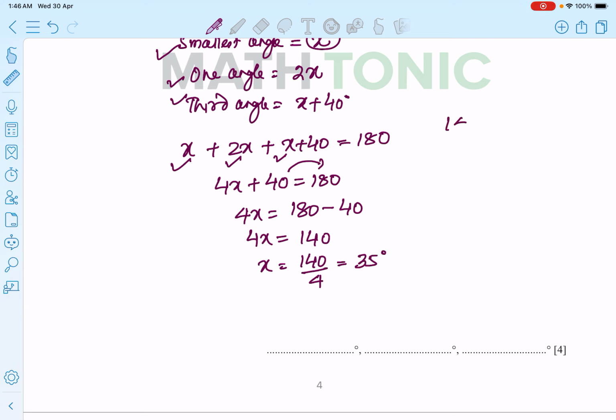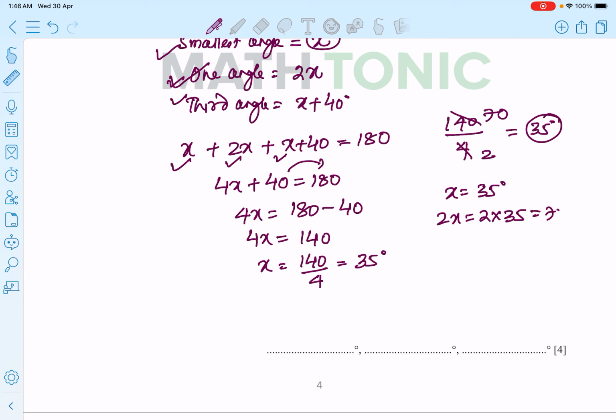If you feel it is difficult, you can simplify like this also. See, we can divide by 2. The 2s cancel, this will be 70 over 2, and we know that is 35 degrees. Did you get it? So we got x equals 35 degrees. So one angle is 2x, that is 2 times 35, which equals 70 degrees.